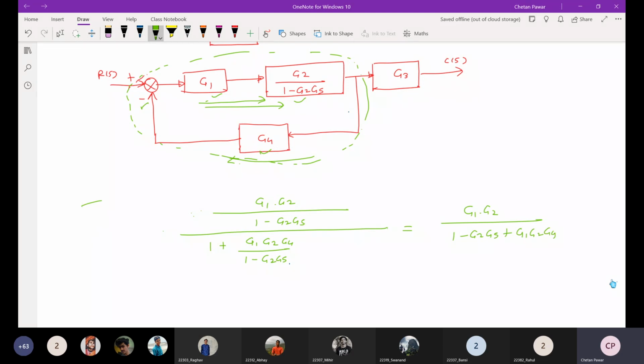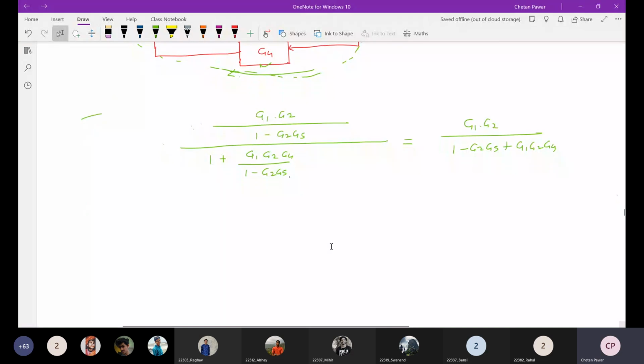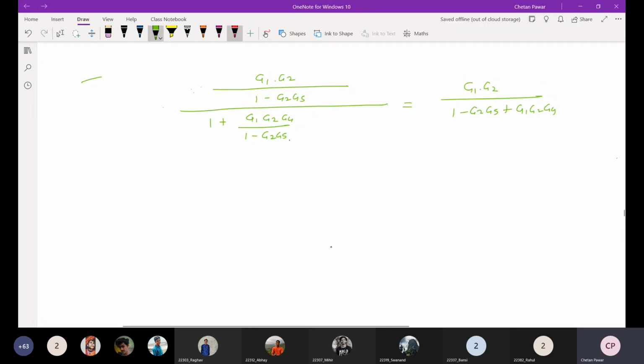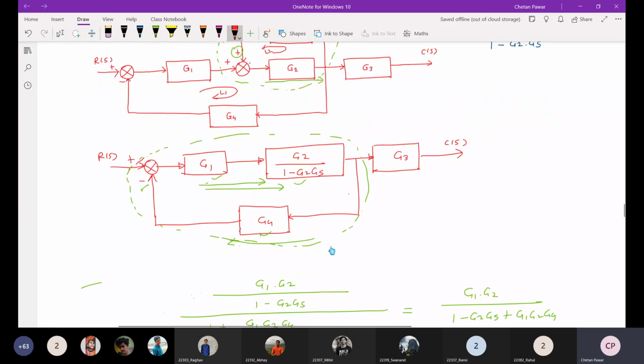This will be the overall gain of this reduced block, the closed loop negative feedback. Now if I draw that particular block, this is the reduced block.